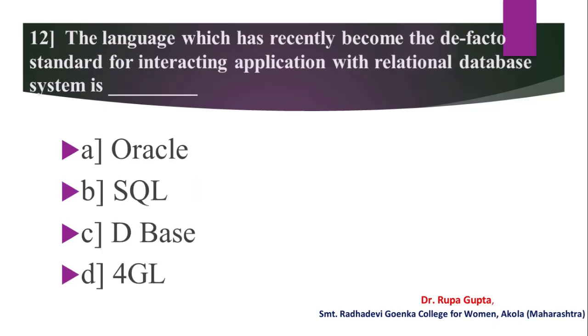The language which has recently become the de facto standard for interacting with relational database systems is A. Oracle, B. SQL, C. DBase, D. 4GL. And the correct answer is B, that's SQL.